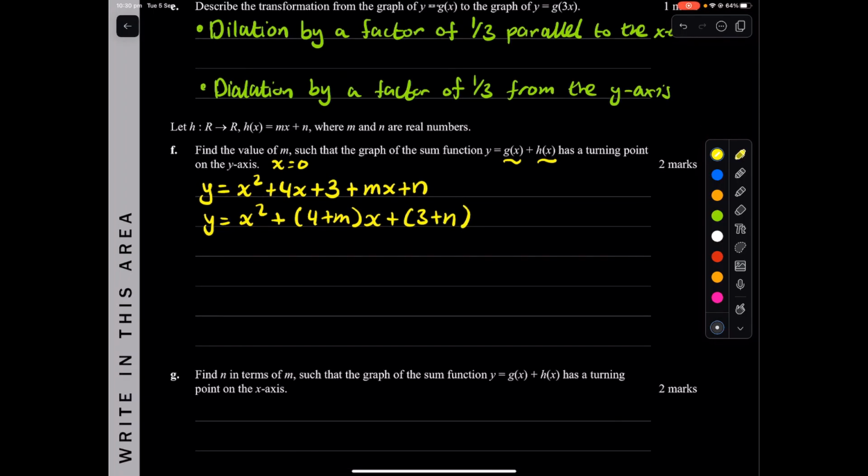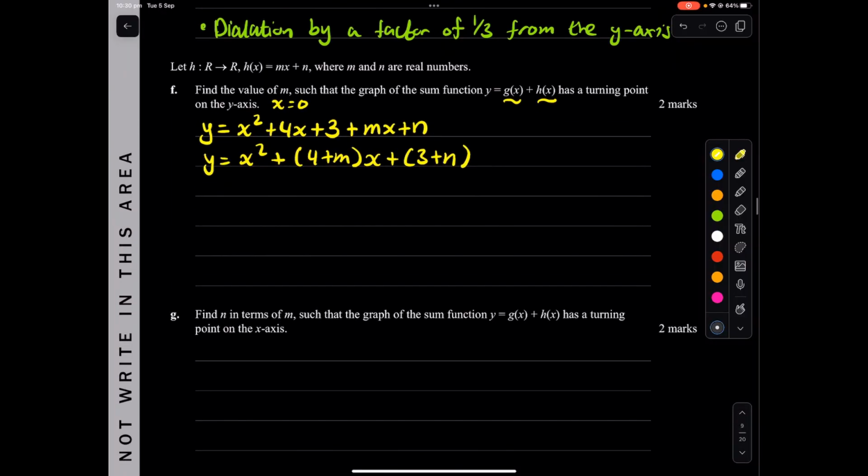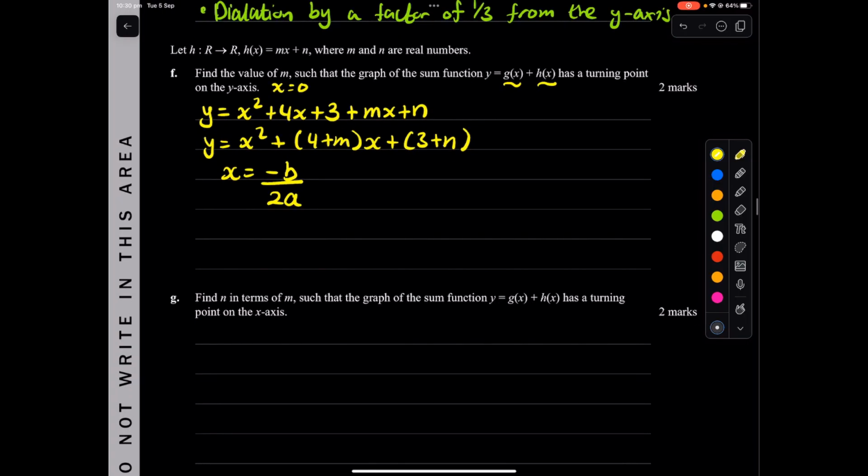And what we want, okay. Now you should know the formula for the turning point, to give you the x value of the turning point: x equals negative b over 2a. And we know that we want our x to be equal to 0 for us to get a turning point on the y-axis. So if we let that equal 0, this here is our b value and this is our a value, which is just 1.